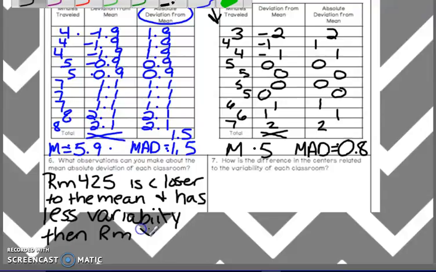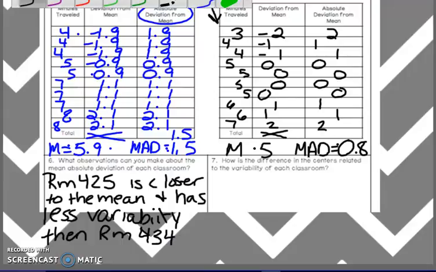So what you're looking at here is the spread of your data. Your MAD needs to be close to 0. The bigger your MAD is, the more variable your data is. The closer your MAD is to 0, the more condensed your data is. So room 425 just has less variability in their data. All the numbers are a lot closer than room 434.